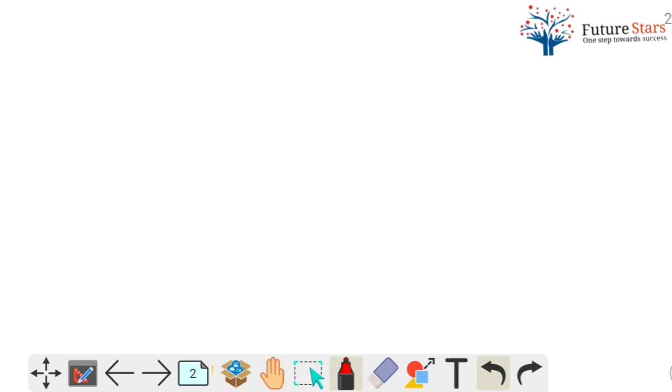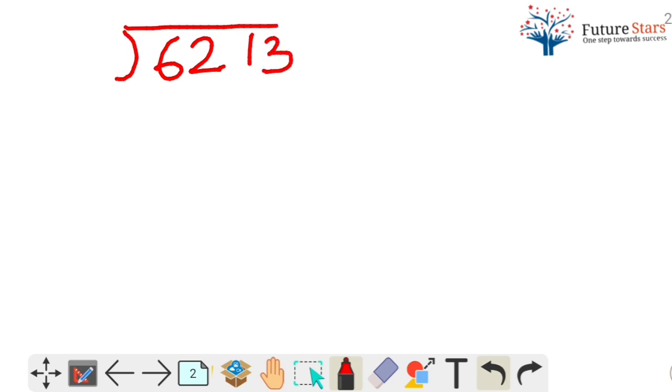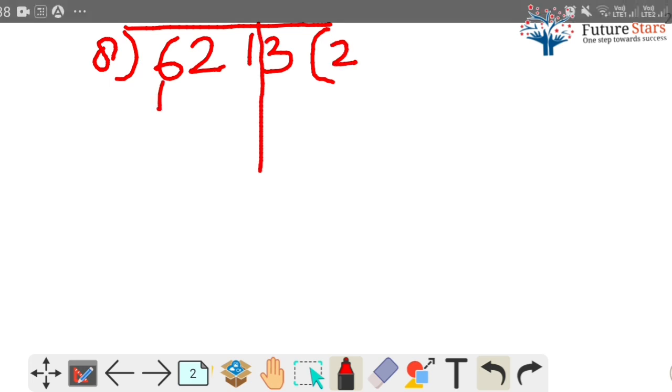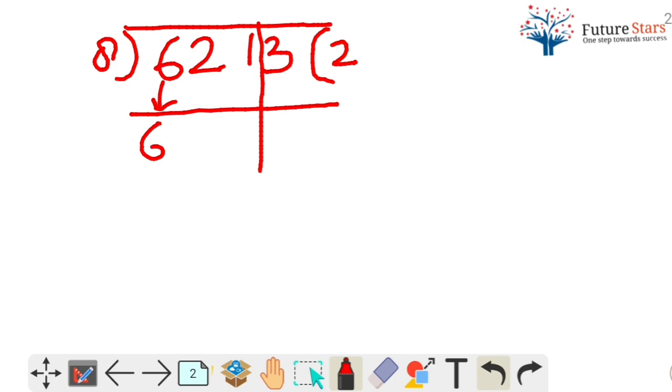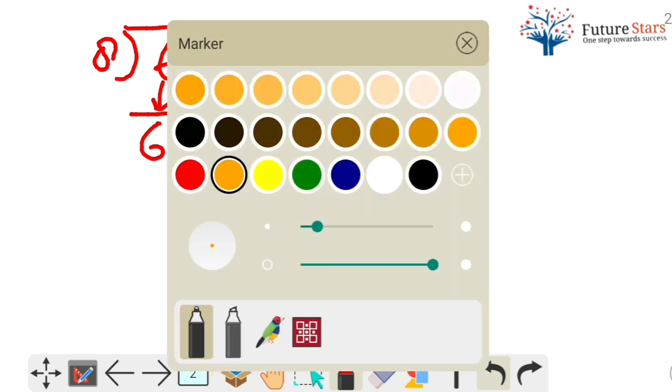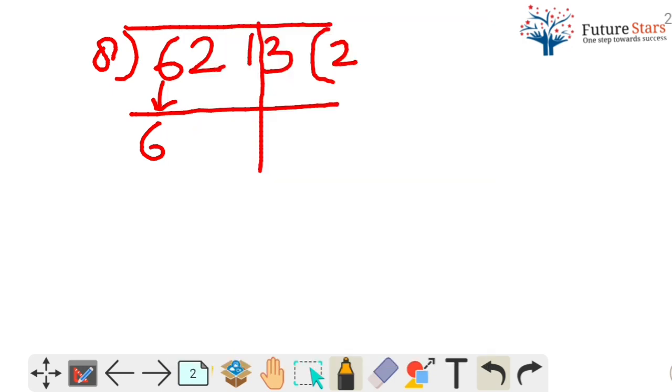Suppose we took the number 6213 divided by 8. Again we will write here 2, make a block and copy the 6 as it is. Now 6 into 2 is 12. Here you will get 14.